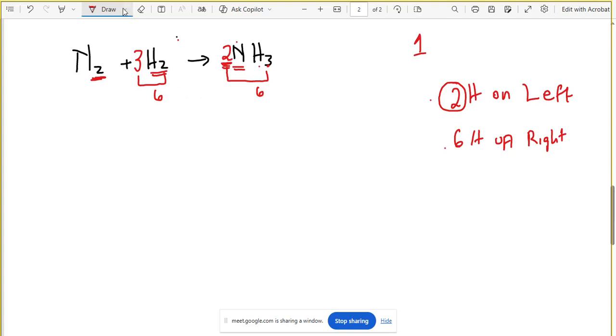Then when you give your answer, you need to include the state symbols. Nitrogen is a gas, hydrogen is also a gas, and then they give us ammonia, which is also in gas state. So this is 2NH3. So the equation is balanced.